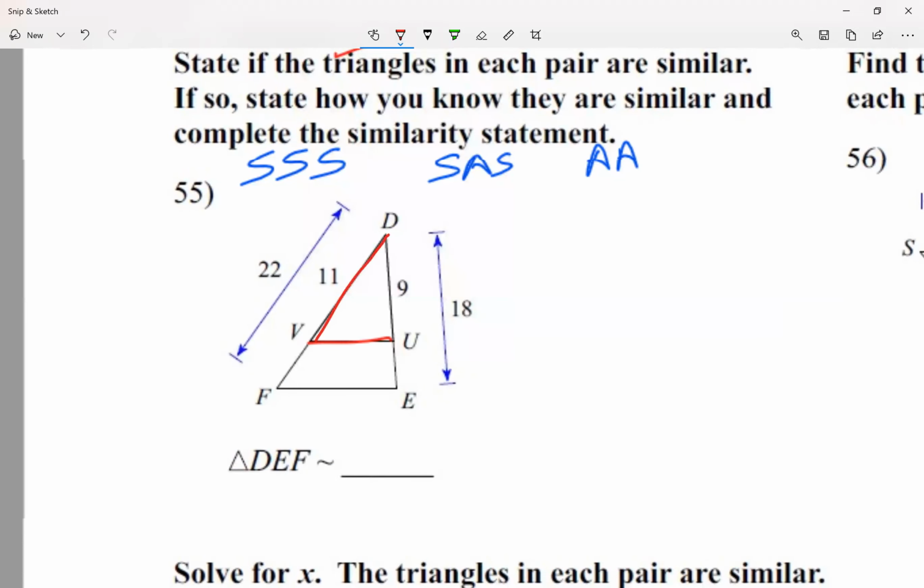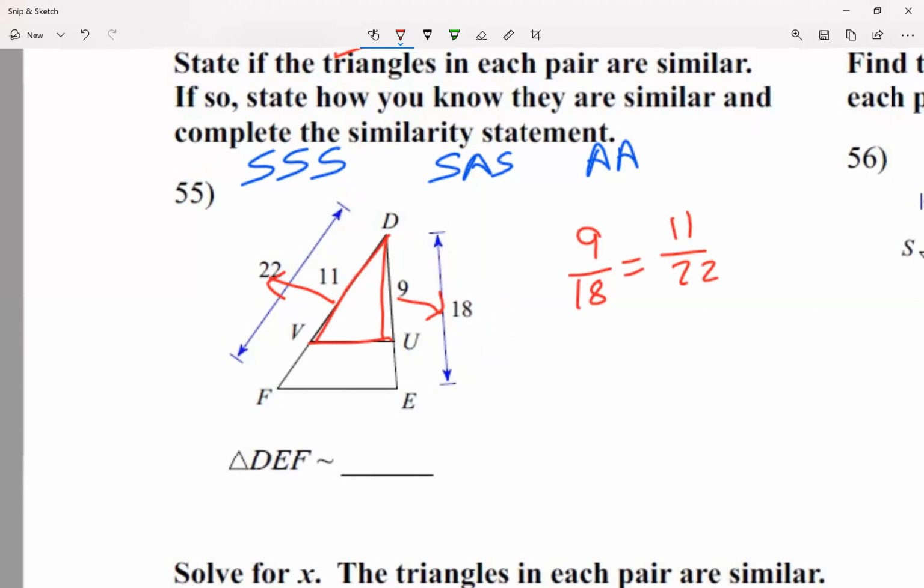I'm looking at this small triangle right here. I only have the measurements 9 and 11. I don't have all 3. So I have the numbers 9 and 11. Now I know 9 is corresponding with 18 and 11 is corresponding with 22.